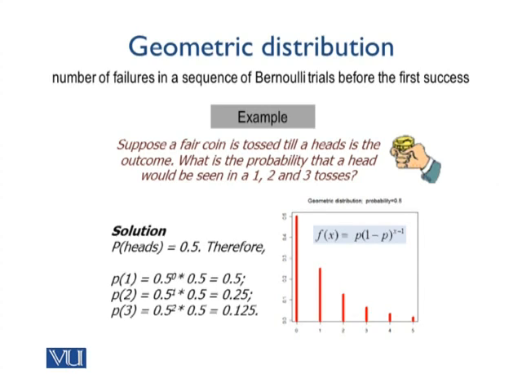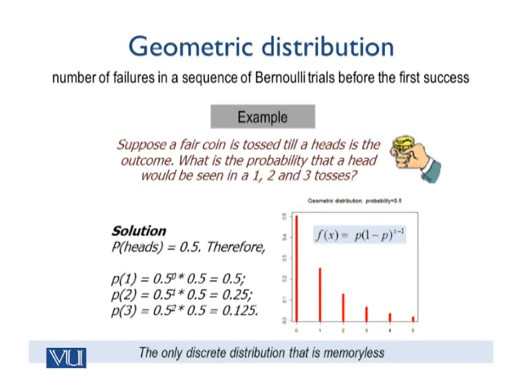I must make a very important point here, that the geometric distribution is the only discrete distribution which is memoryless, which means that whatever has happened in the past does not change the probability of future occurrences. So, as an example, imagine that you are tossing a coin and it has come up as 10 tails in succession.